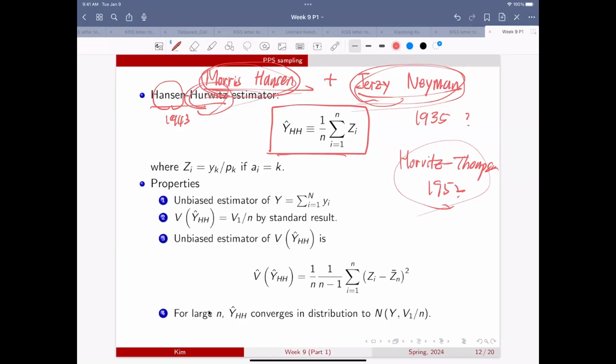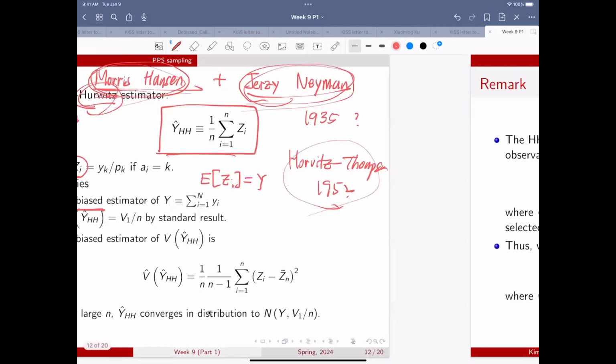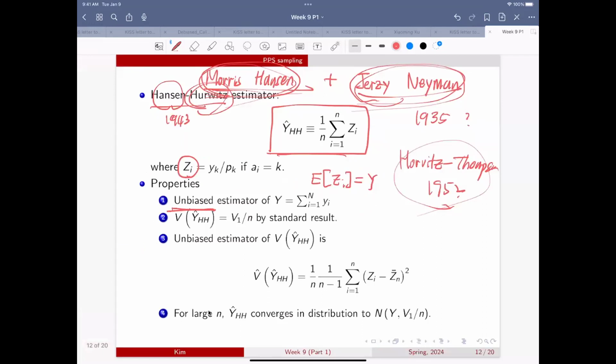It's very attractive because you can easily apply the IID. So you obtain the unbiased estimator, right? This is unbiased because the expected value of Z_i is equal to Y. And then because this is IID, you can get this, right? So that is the second result.